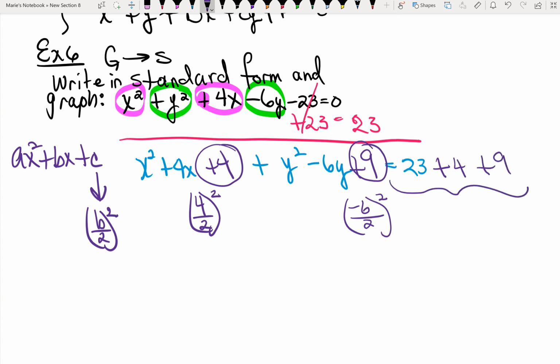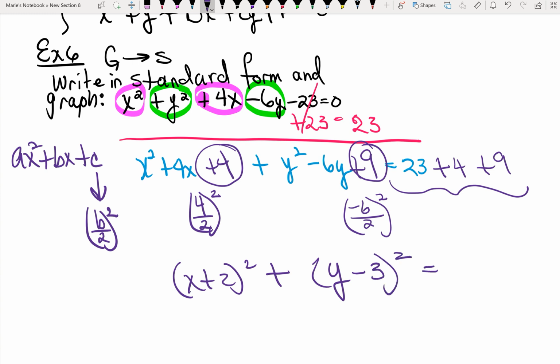So now I can collapse this, so this becomes x plus 2 squared plus y minus 3 squared, and this is equal to 36. So in essence, I have the center at negative 2, positive 3, and my radius equal to 6. And that's what we're trying to do in that example.